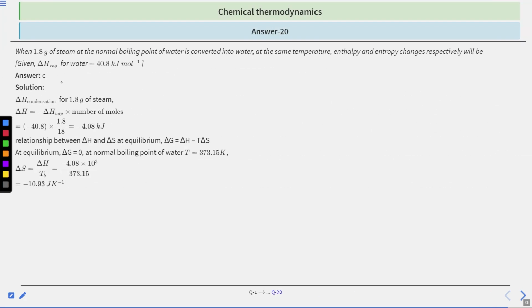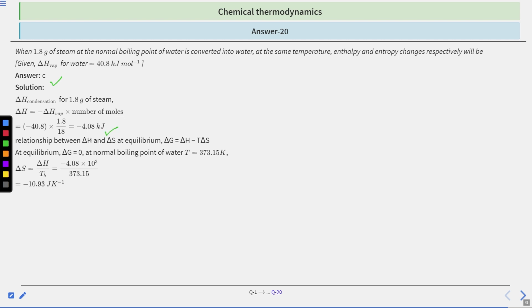Okay, so the correct answer is option C. del H for condensation of 1.8 gram of steam will be del H equals minus del H vaporization multiplied by the number of moles. On putting the values, we have del H equals minus 4.08 kilojoule.